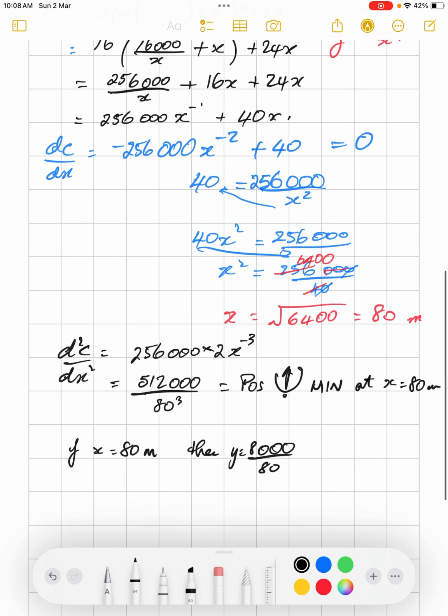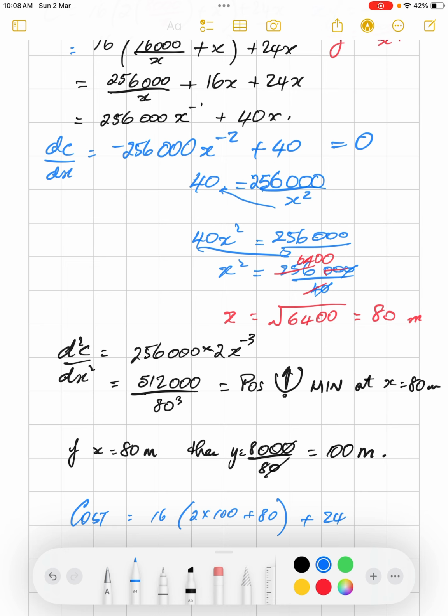So we've got our dimensions. And now we want the cost. The cost will be 16 times 2 of those and 1 of those, and 24 times x. And there it is. That's the cost.